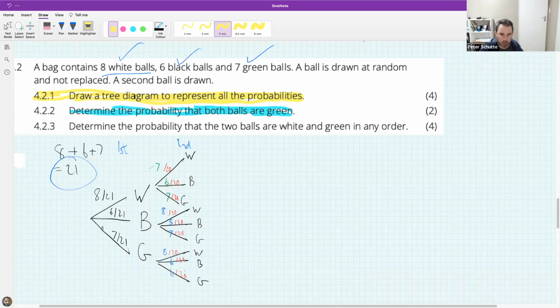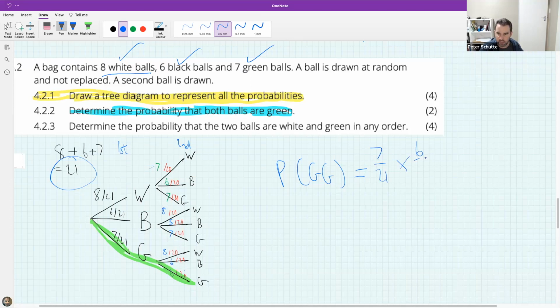So both balls are green, it would have to be that pathway. To me, it looks like that. So what am I going to get for that? Well, my first choice, 7 out of 21, and then 6 over 20. So what does my calculator say?